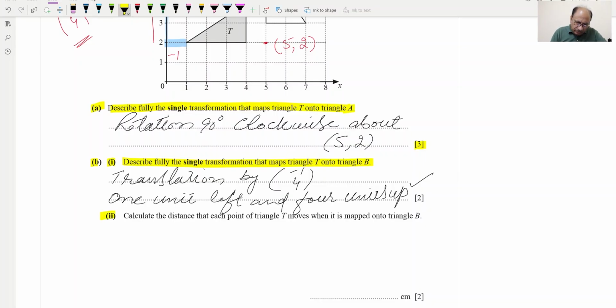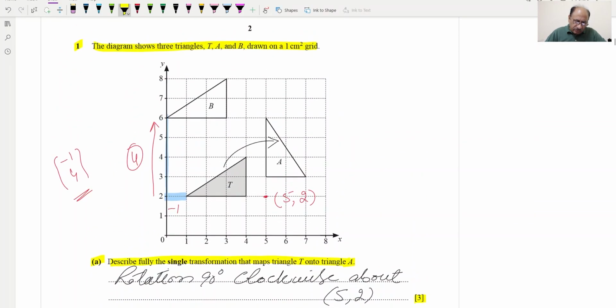Now second part, calculate the distance that each point of triangle T moves when it is mapped onto triangle B. Now we have to check how much is the movement of each point. For that we can check, for example, this point is moving to this one, and the triangle, if we want to draw, will be this much.